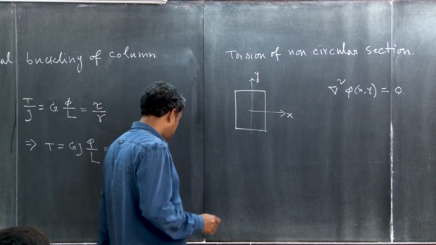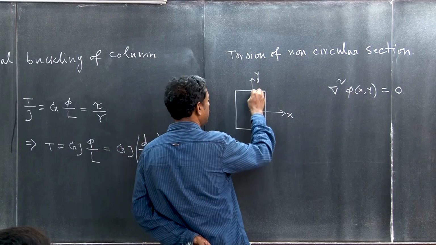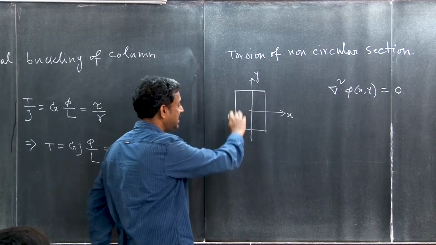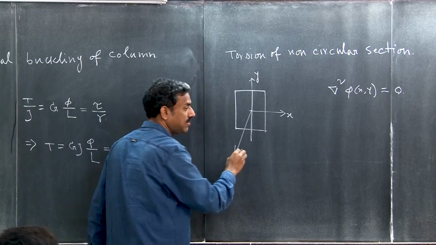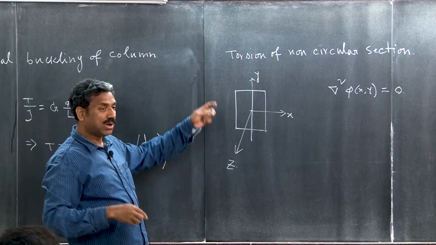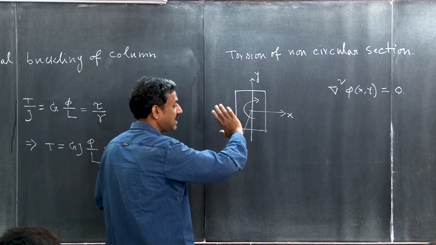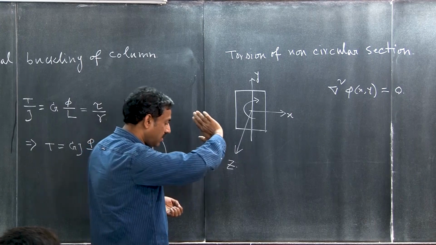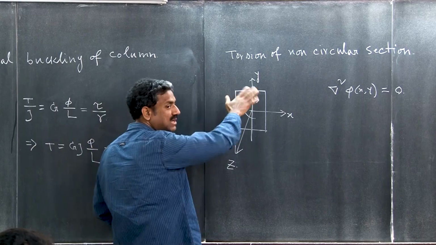There are two alternate formulations, and then you have solved the boundary value problem. We have seen that the plane section in the out-of-plane direction, in the z direction, no more remains plane; rather there is warping. When it is subjected to torsion, one quadrant is bulging out, another quadrant is going inside, another one is coming out, another is going inside.